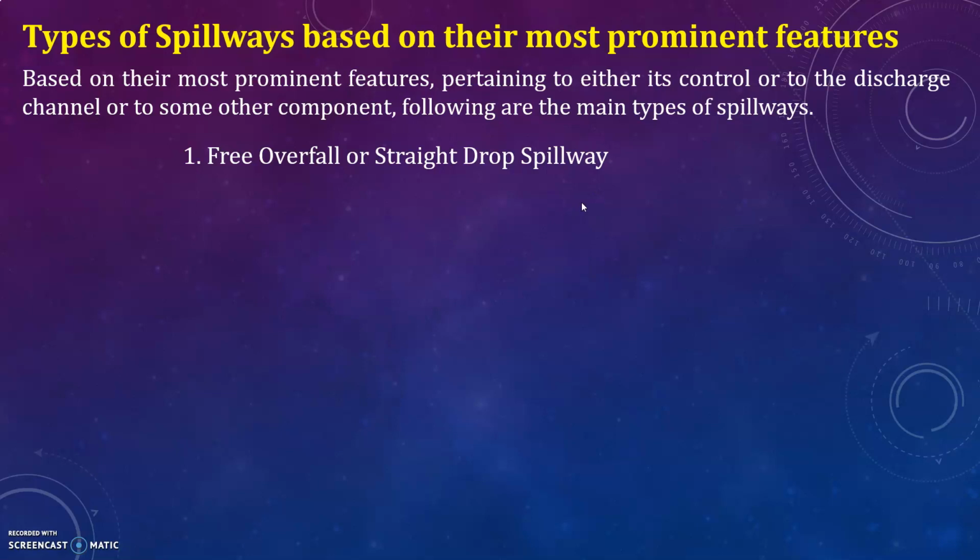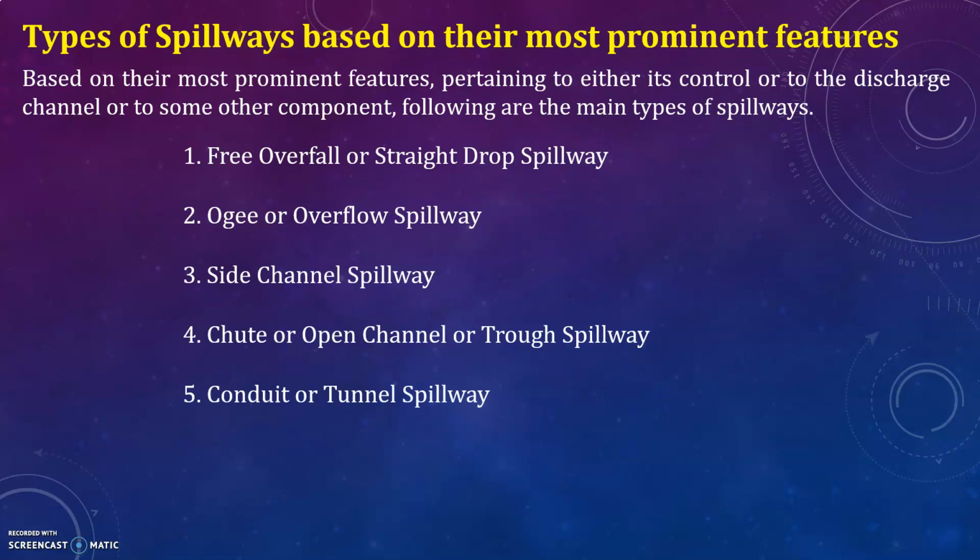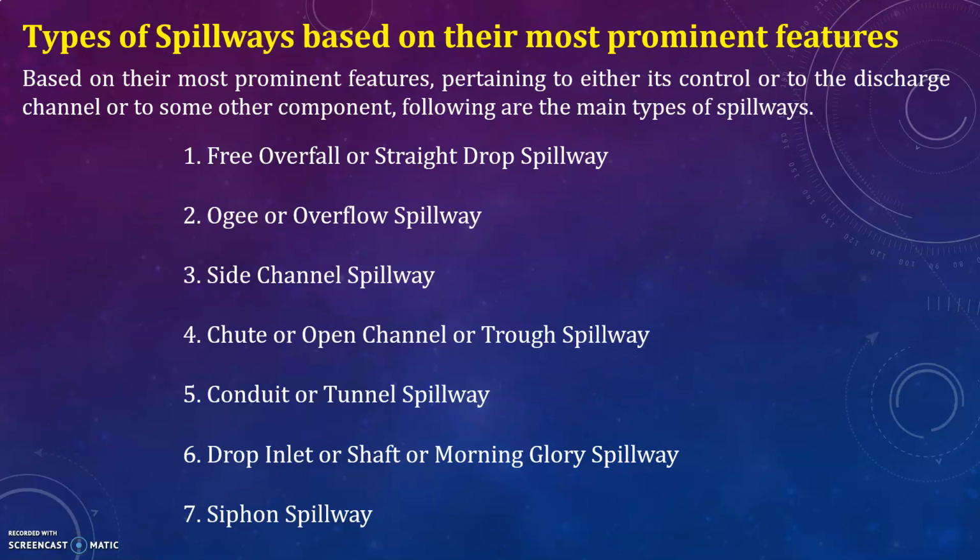The first one is the free overfall or straight drop spillway, then ogee or overflow spillway, side channel spillway, chute or open channel or trough spillway, conduit or tunnel spillway, drop inlet or shaft or morning glory spillway, and siphon spillway. So these are the main types of spillways based on the most prominent features. Let us discuss one by one.